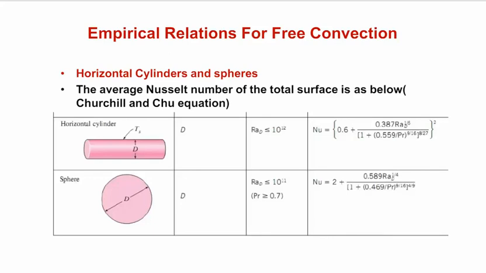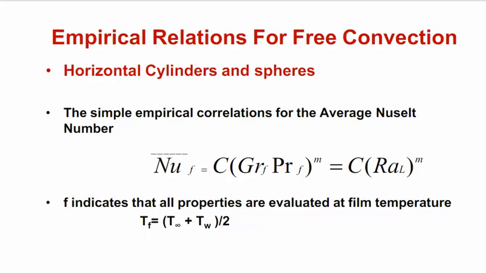From that condition, the Nusselt number is calculated as 2 plus 0.589 Rayleigh number raised to power 1 by 4, divided by 1 plus (0.462 by Prandtl number) raised to power 9 by 16, whole raised to power 4 by 9. This will be the value for the horizontal sphere. A sphere can be taken as vertical or horizontal, since from both sides the sphere remains the same.